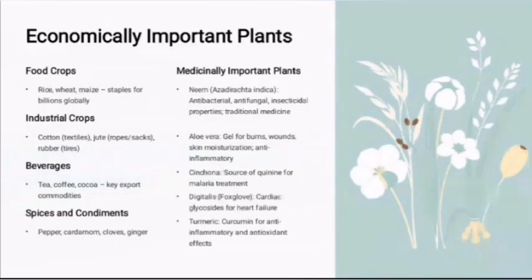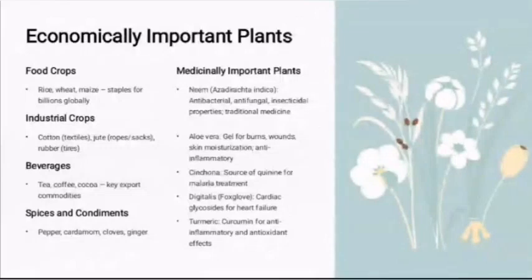Then the aloe vera, sisters in the house. I believe most of the time we use it for our hair, natural hair growth, and rubbing on the skin. Aloe vera has the gel for burns, wounds, and skin moisturization. It is also anti-inflammatory.